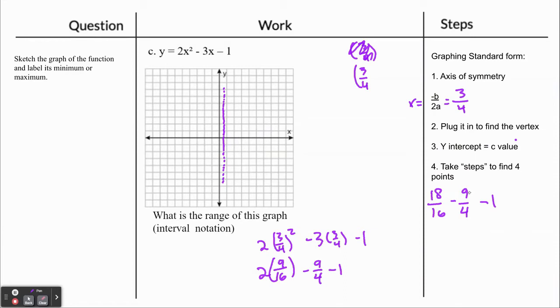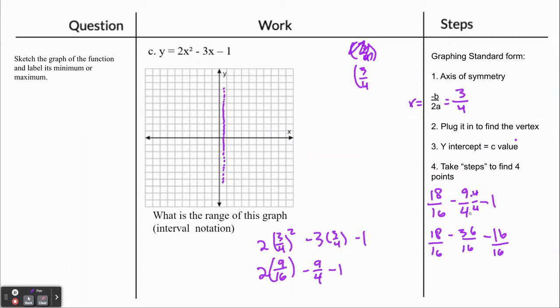and I'm actually going to multiply this by 4 over 4 to give me a common denominator here, so I get 18 over 16 minus 36 over 16 minus 1, or minus 16 over 16 if I want to keep the common denominator here. So 18 minus 36 is just 18, but it's negative 18.